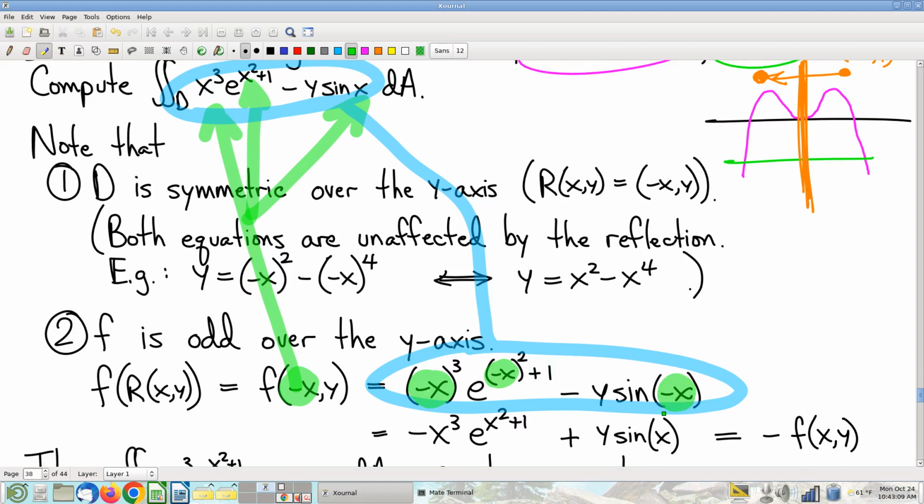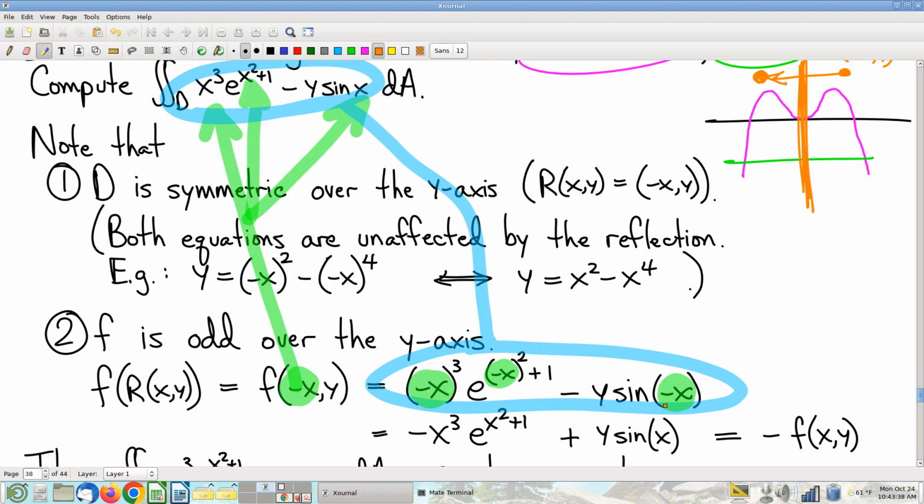Everybody see what I did? Plugging in the reflection. The reflection says everywhere you see an x, you put a minus x. Everywhere you see a y, you put a y. And so you get that, and then a little bit of algebra. The minus x quantity cubed is the minus of x cubed. Minus x quantity squared is just x squared. So that minus sign just kind of disappears.